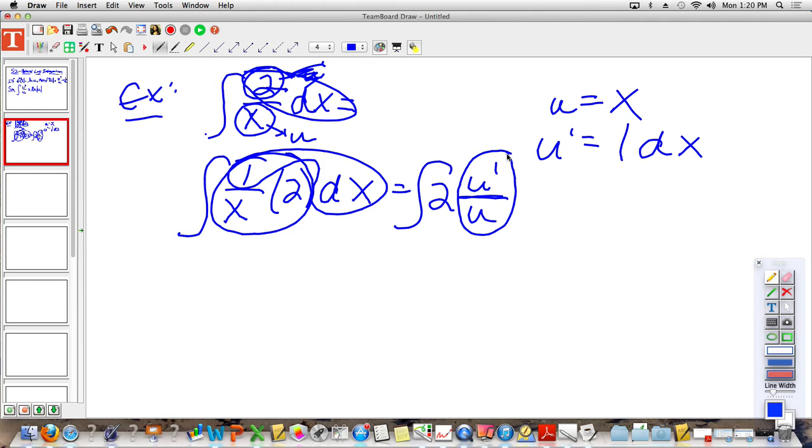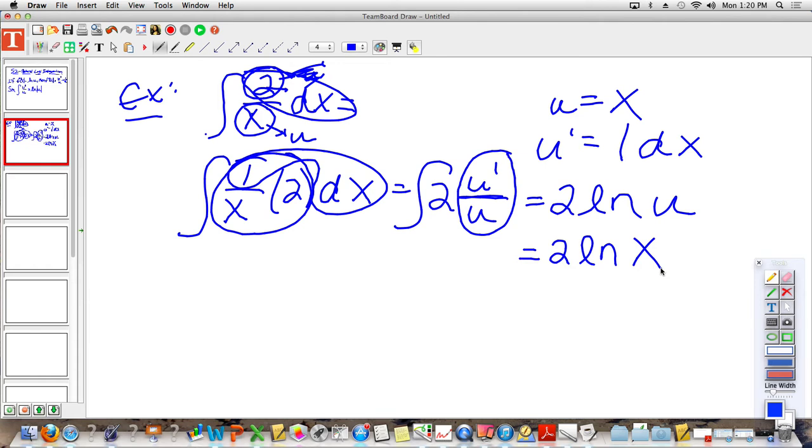It's the ln of u, and then that has to be multiplied by 2. So this really means 2 the ln of u, which really means 2 the ln of, when I replace the x back in for u, it's 2 the ln of x.